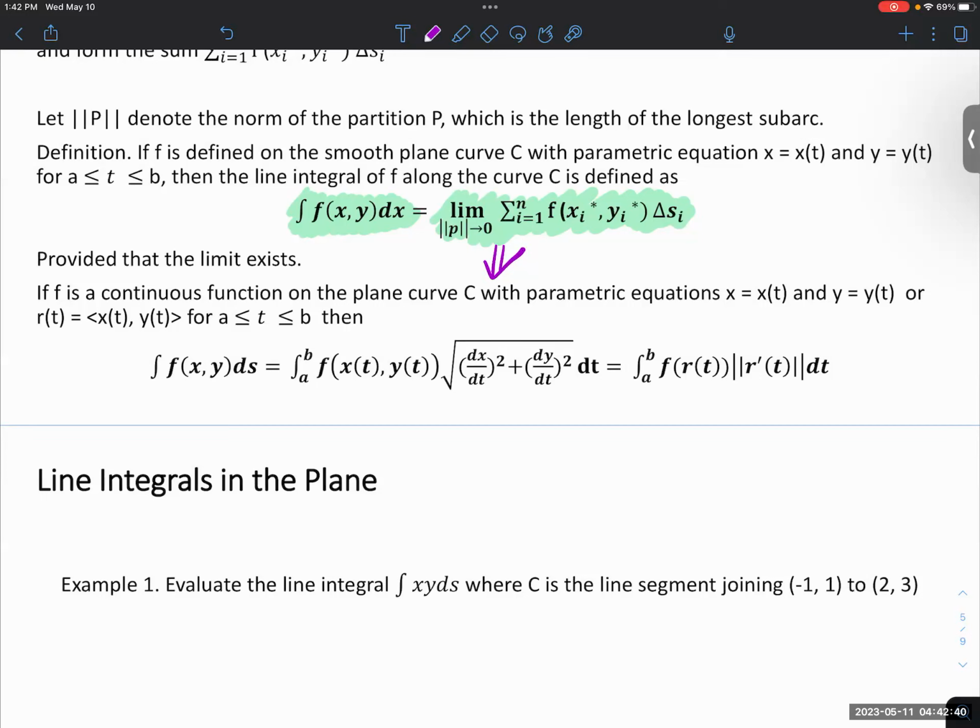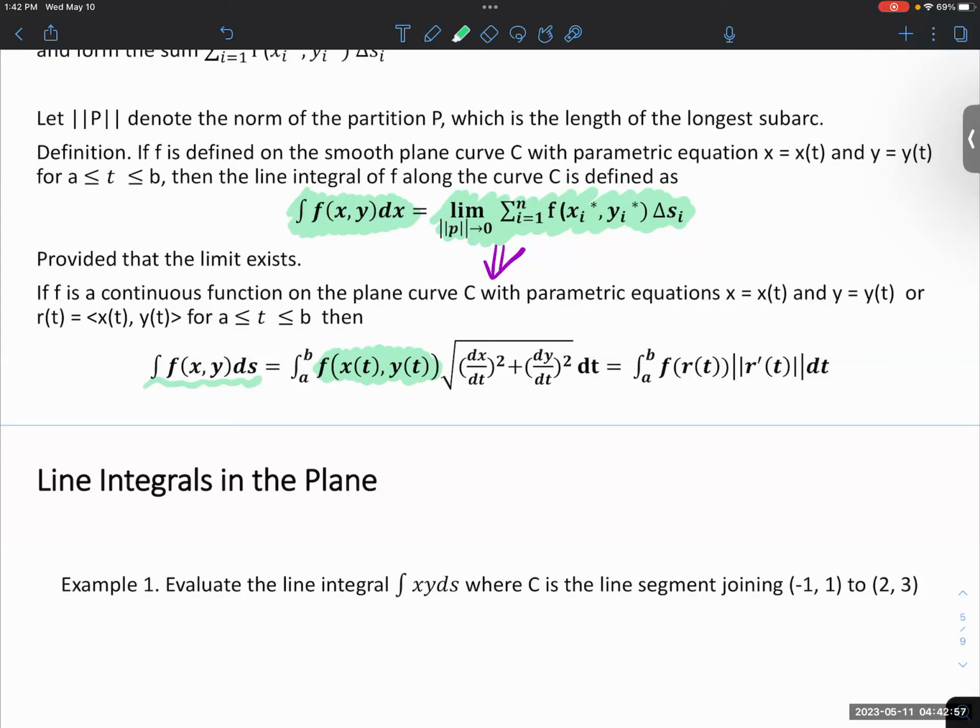This is what we call a vector line integral. So this is the same idea. You convert whatever the f of x comma y into the parametric equation, because the t variable is easier, since you're dealing with only one variable.